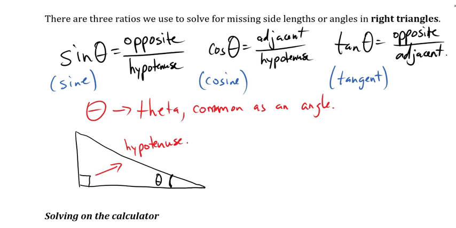And so what are opposite and adjacent? They're side lengths. Does anybody want to guess? Of the other two side lengths that are left, which would you think is the opposite side length?